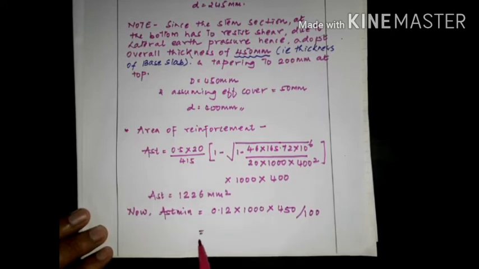So we will get Ast minimum as 540 mm square. The Ast minimum is less than Ast, so the area of steel we have calculated is more than Ast minimum, so we have to provide Ast only.